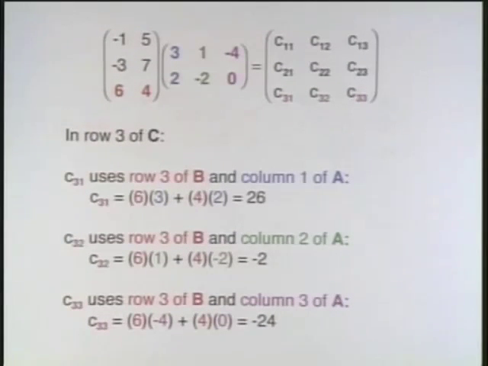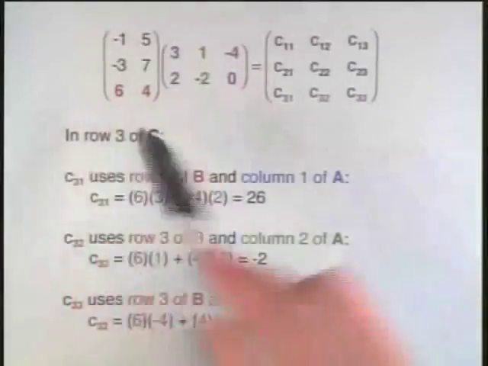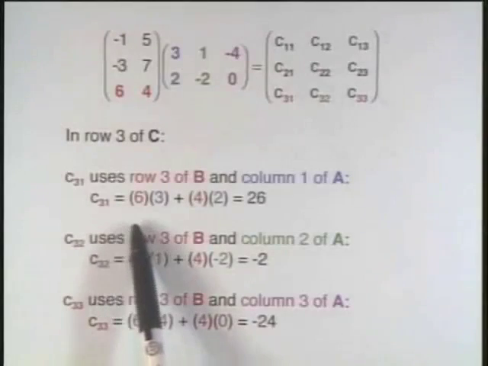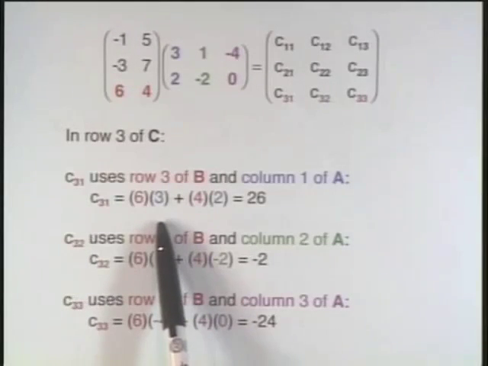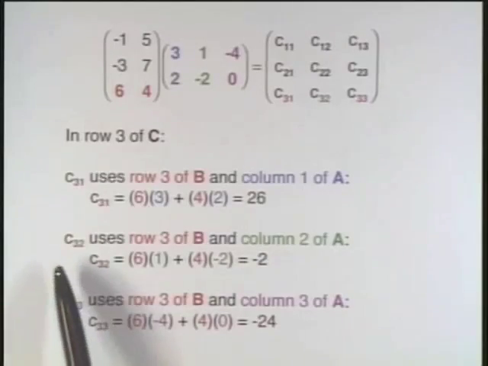In row 3 of C, we have C31, which uses row 3 of B, column 1 of A. C31 is 6 times 3 plus 4 times 2 for a value of 26.